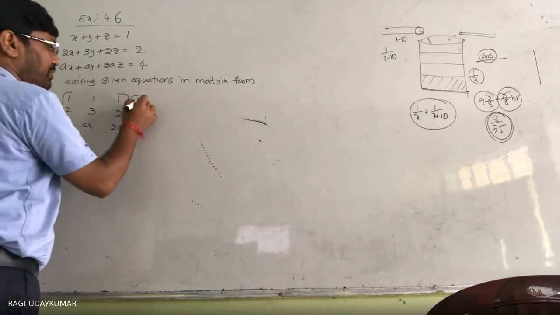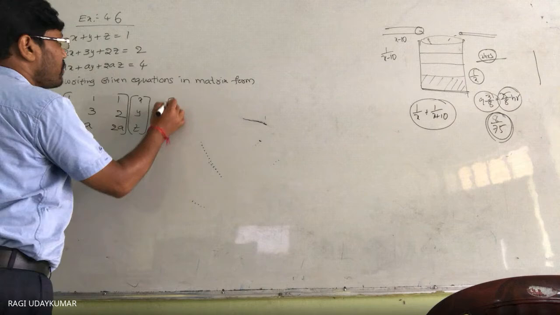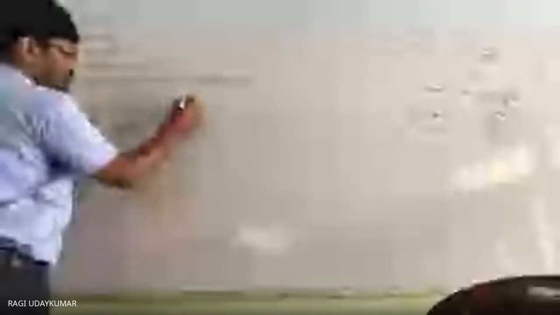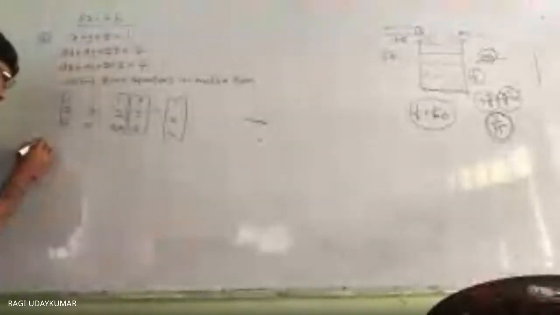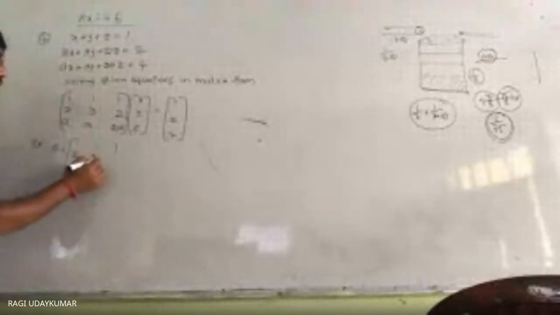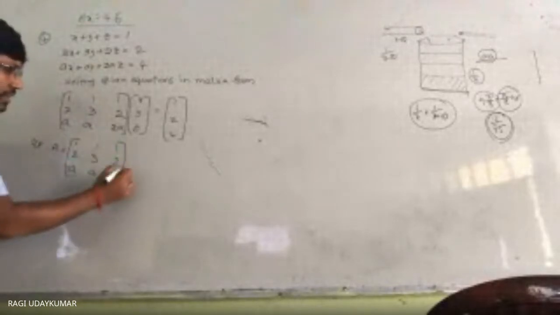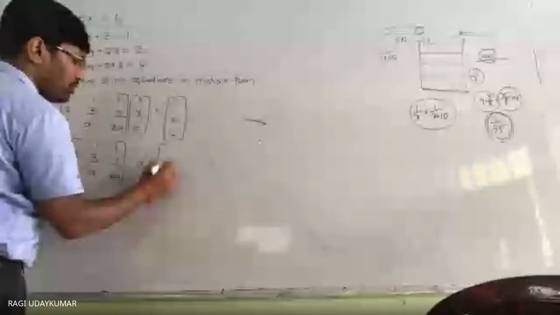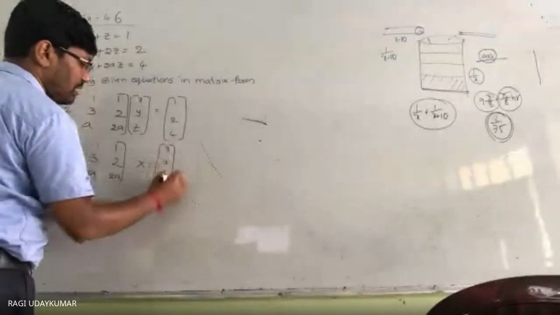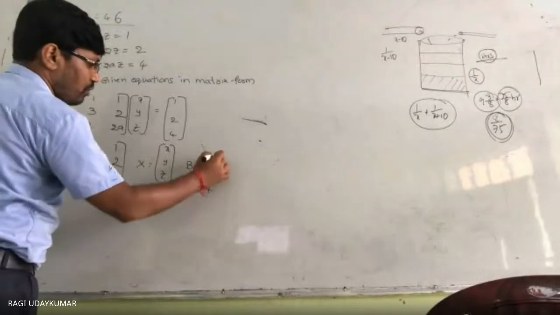This is called the coefficient matrix. X, Y, Z is equal to 1, 2, 4. So let A be the matrix 1, 1, 1; 2, 3, 2; a, a, 2a, and capital X is x, y, z, and B is 1, 2, 4.